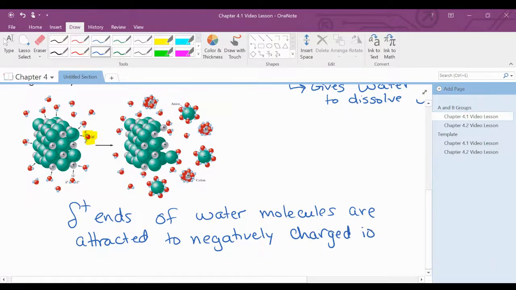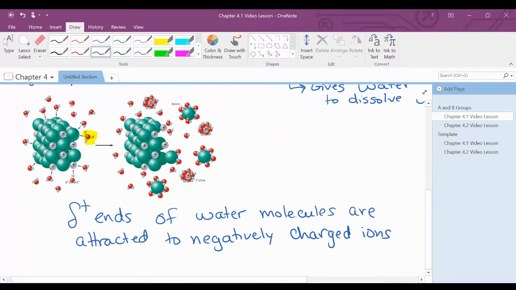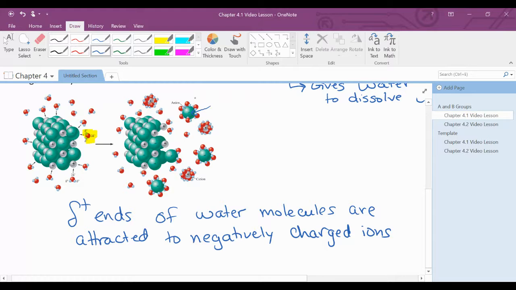So if you look up here on our diagram, you can see over here, this is our negatively charged particle, and the partial positive hydrogens right there are attracted to the negatively charged ions, the anions.